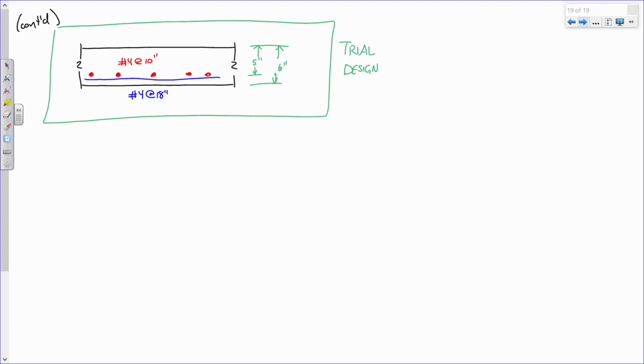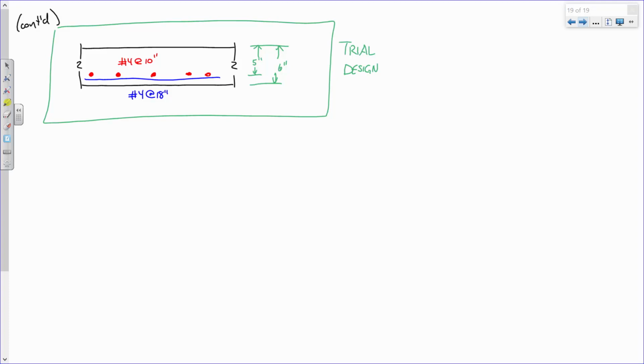Why do I say that's a trial design? Still have to check your assumption. So we have to check our assumptions, we have to check our efficiency, what else? ACI requirements, exactly right. So efficiency, ACI requirements, check your assumptions.